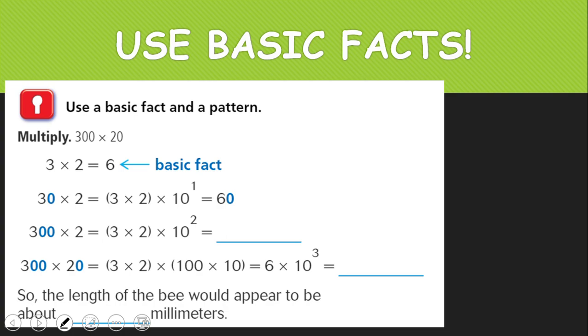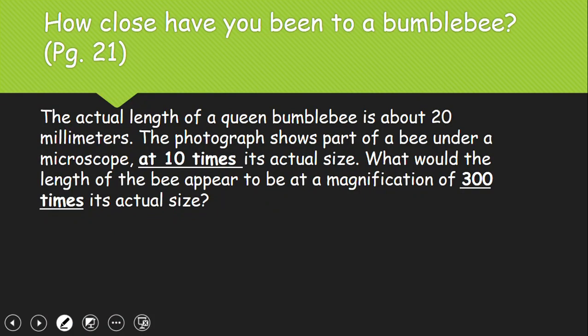So here is the multiplication that you have in your book. Something really, really important, use basic facts first, okay? We have to multiply 300 times 20 because we want to see the size of a bumblebee and what it looks like magnified 300 times.